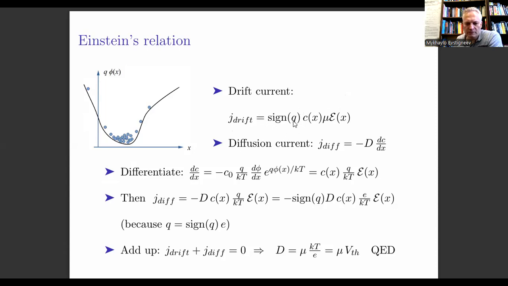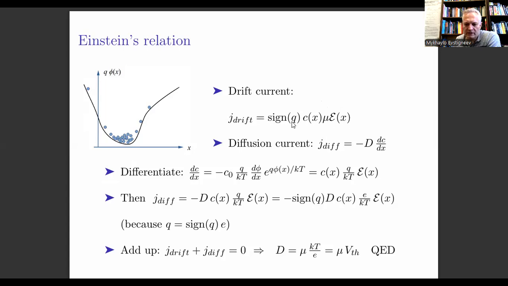So if Q is positive, then sign of Q is +1, and the drift current density is the product of the concentration of those particles, let's say these are holes if Q is positive, hole concentration times the drift velocity, which is mobility times the electric field.